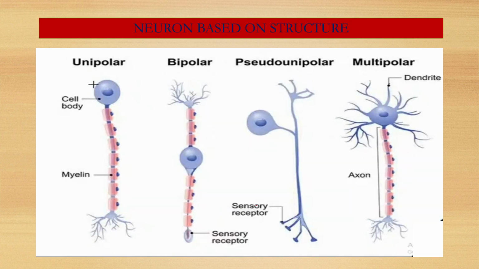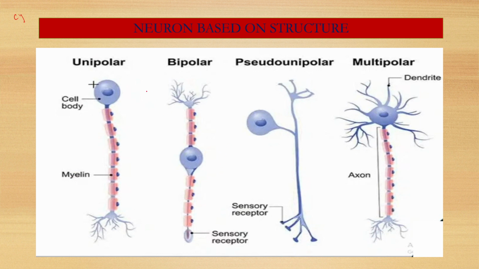Now first we discuss the classification of neurons on the basis of structure. Neurons ideally consist of cell body, axon and axonal terminals.